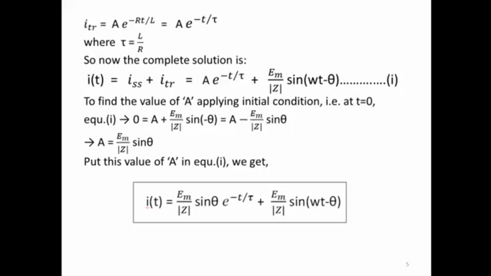Now if you see the expression of tau equal to L upon R, you can appreciate that tau is directly proportional to L, as we have said earlier.